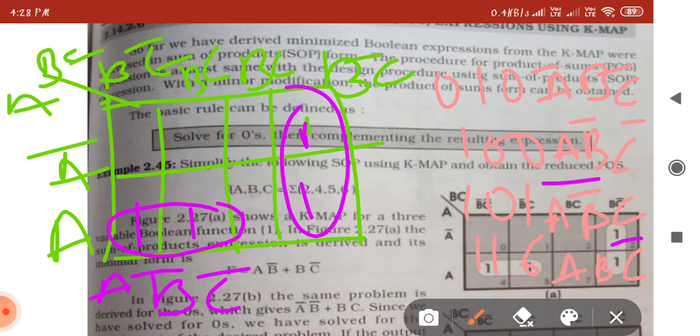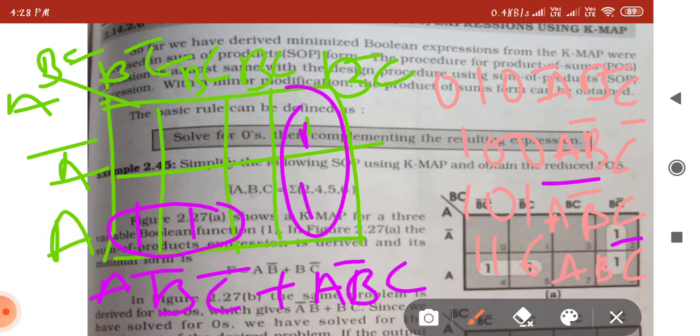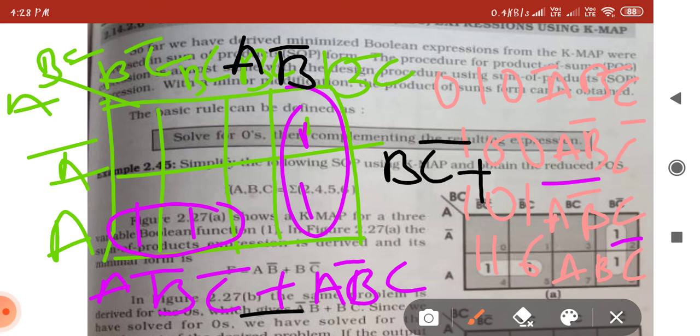A B bar C bar plus A B bar C gives A B bar. I got to know that from this equation, A B bar. Yes, B C bar plus A bar B C bar.